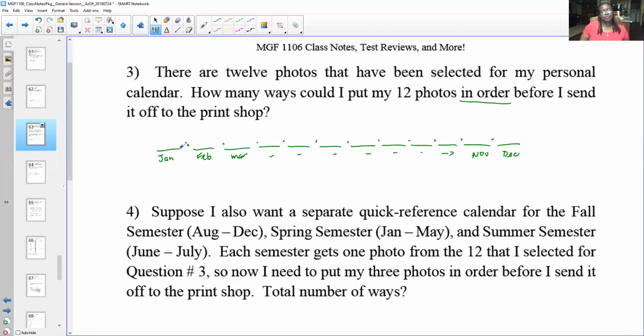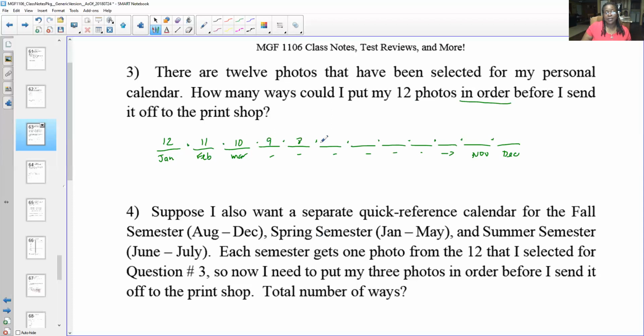Now, when she's looking at January, she has to choose one of these 12 pictures. How many choices does she have at January? She has 12. Then when she gets to February, she has how many choices? 11. And then so forth and so on, right? So down to 9.